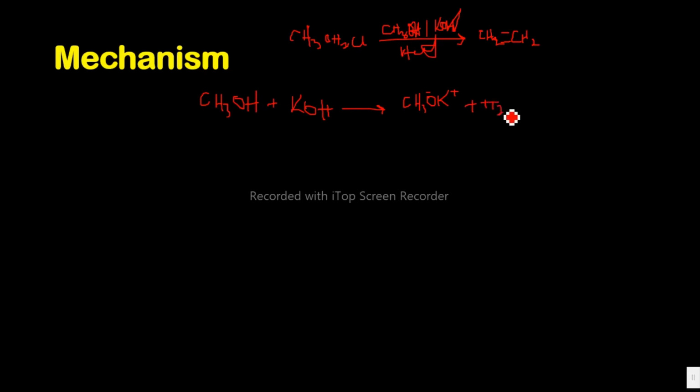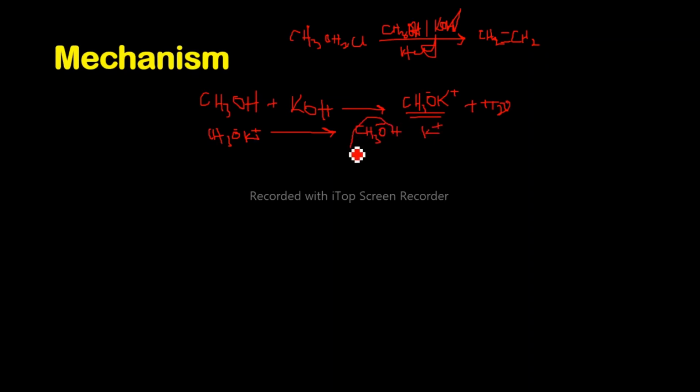Now, this potassium methoxide being a strong electrolyte, it will undergo complete dissociation, complete ionization, to give you CH3O minus and K plus. So it will undergo complete dissociation to give you methoxide ions, plus potassium ions.